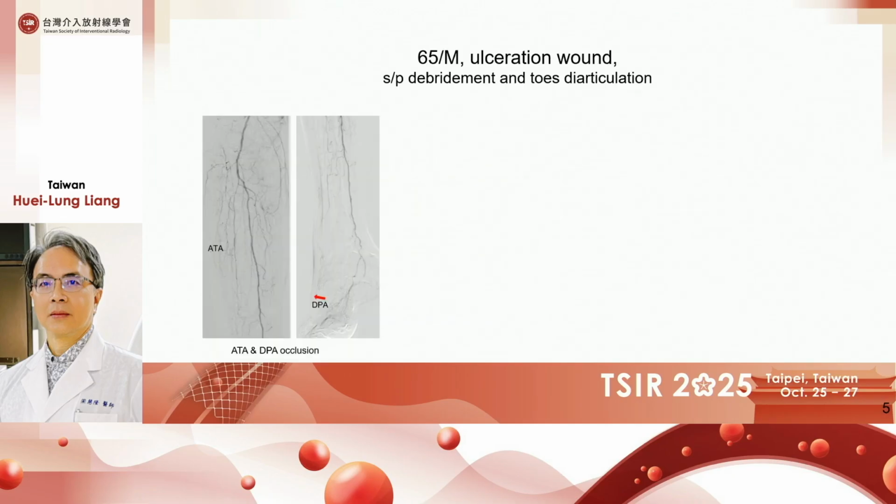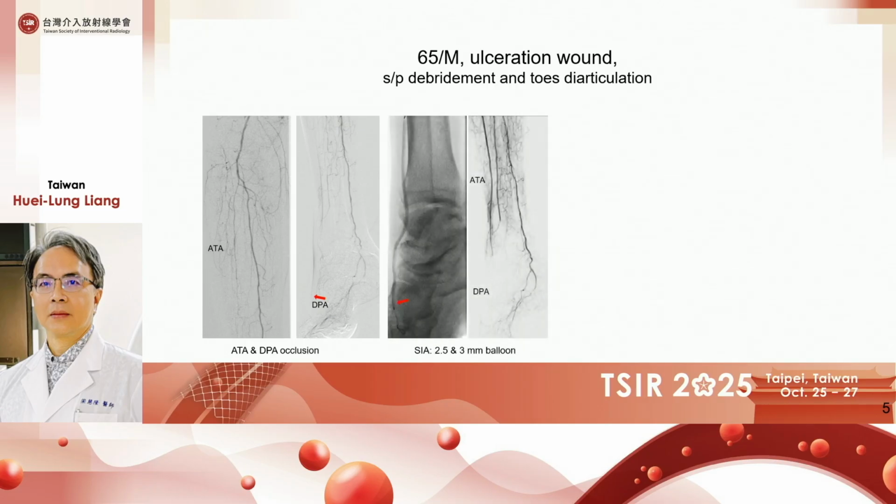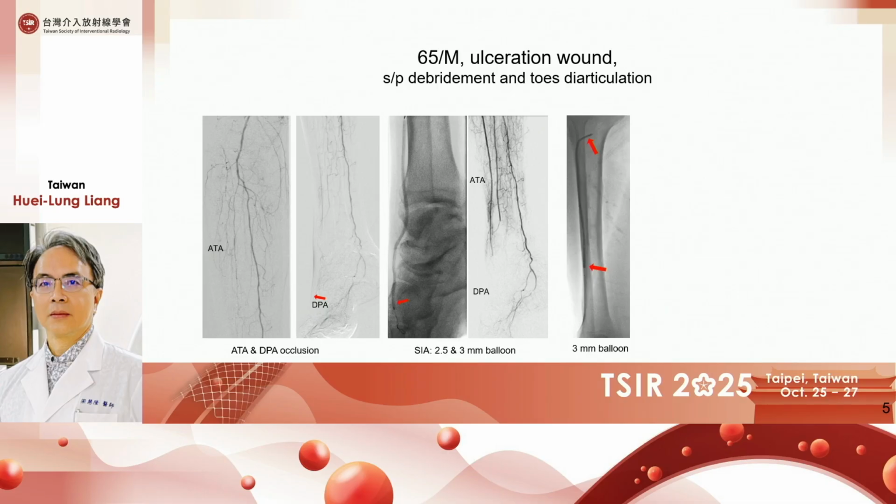The reentry success rate in distal runoff is very high, more than 90%. But occasionally, even with technical success, as in this case, with occluded ATA and dorsalis pedis artery, balloon dilation had been done beyond the level of the pedal loop. The DPA was still not opacified.